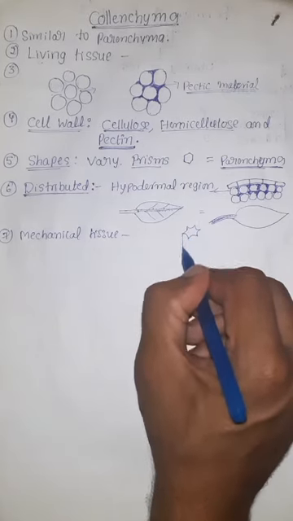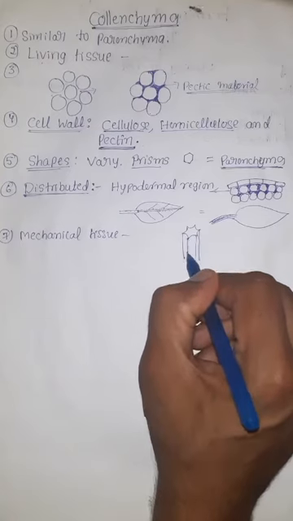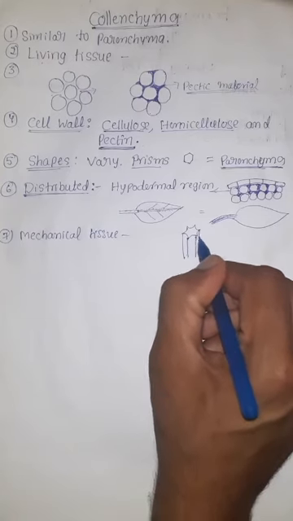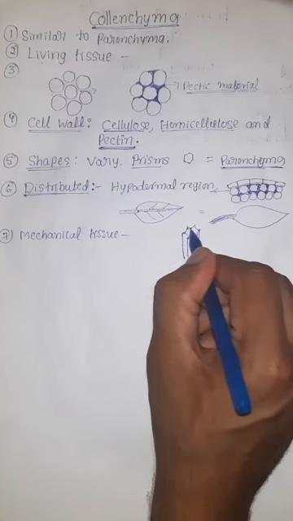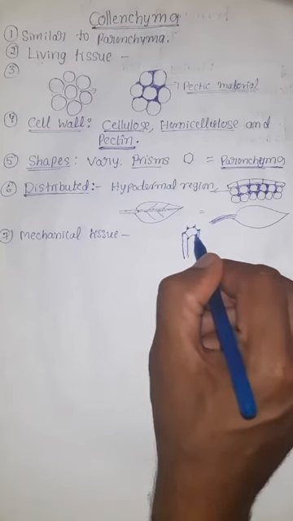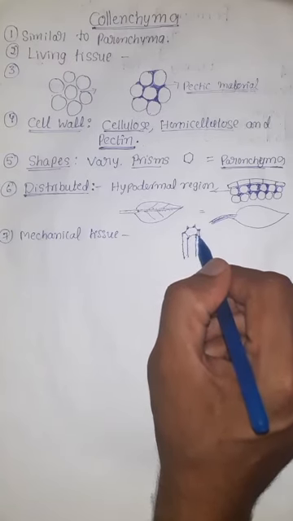In this region of a young stem, we can see collenchyma tissue because it has to provide mechanical support to the plant.